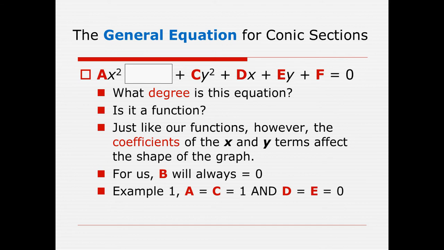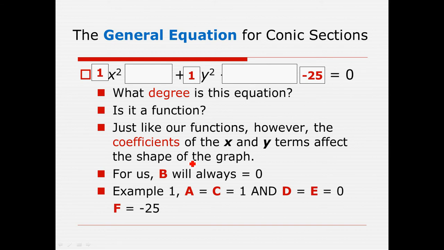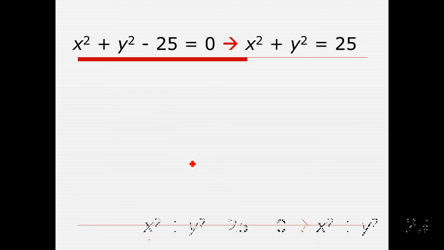I am going to make D and E equal to 0, so you won't see the linear terms. And I'm going to make F negative 25. So example 1 takes the general equation for conic sections and turns it into x squared plus y squared minus 25 is equal to 0. So let's look at that example.